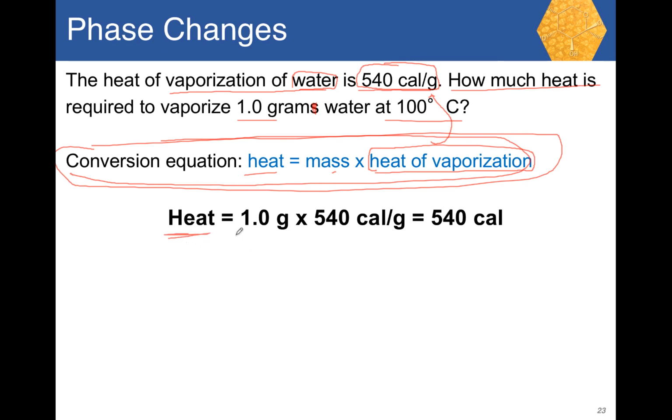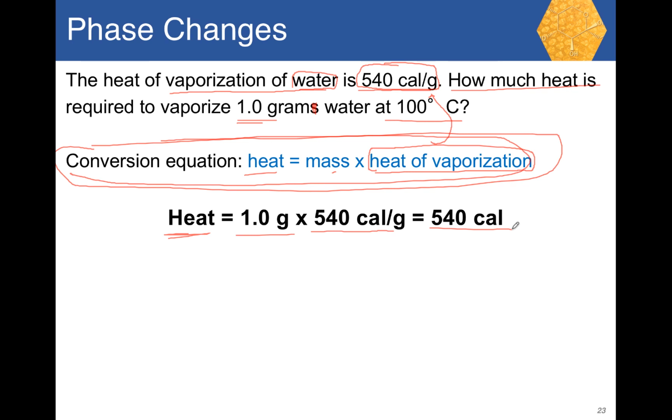Plug the numbers in. 1 gram, as given here. Now we have 540 calories per gram. That's the heat of vaporization for water. And of course, as you can see here, it's 540 calories.